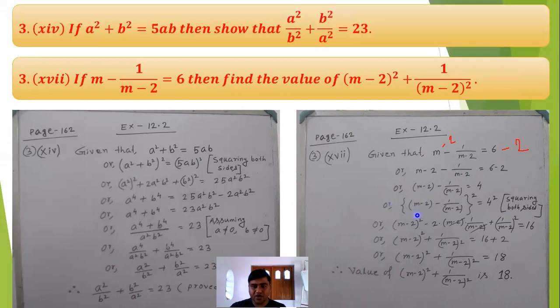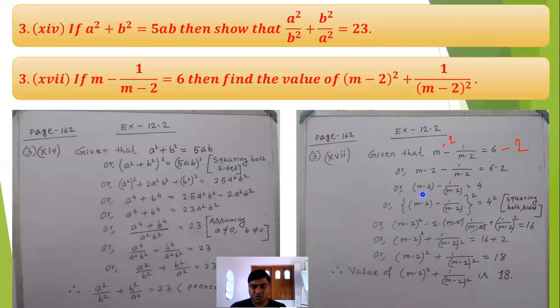Now squaring both sides. m minus 2 minus 1 by m minus 2 whole square equals 4 square. Now the formula of a minus b whole square: m minus 2 whole square minus 2 into m minus 2 into 1 by m minus 2 plus 1 by m minus 2 whole square equals 4 square, which is 16.